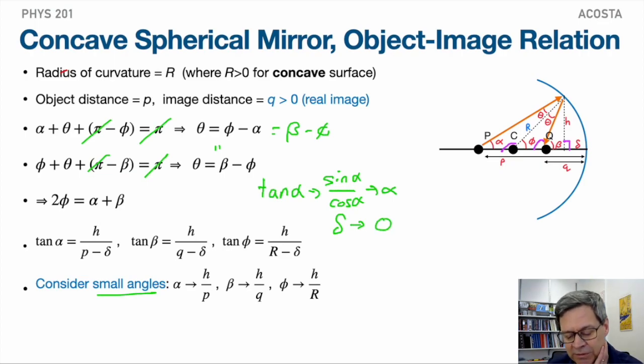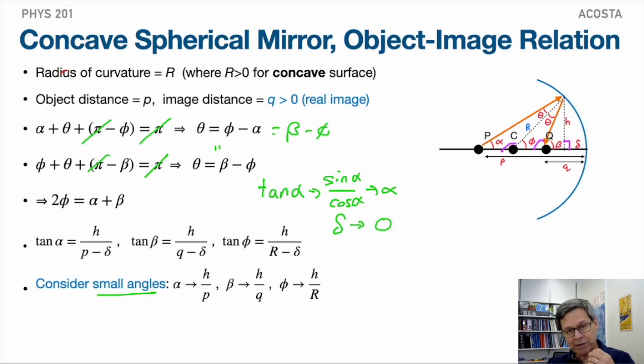And so what that lets me say is that, for example, this first relation, tan alpha is h over p minus delta, the delta will go to 0, so I have h over p, and tangent alpha essentially becomes equivalent to alpha in the small angle approximation. So alpha goes to h over p. Likewise, beta goes to h over q, and tangent phi becomes phi, and that becomes h over r.